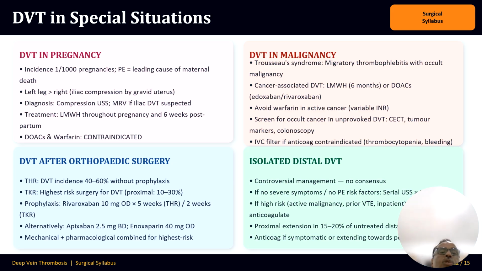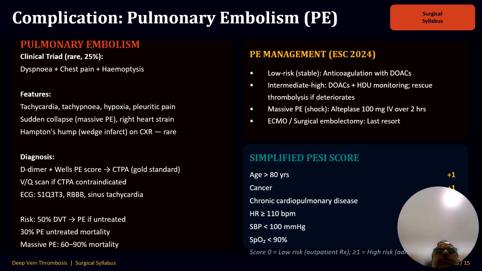Alternatively, apixaban 2.5 milligram BD can also be given. Mechanical and pharmacological combined can be given for highest risk. So in a nutshell, for orthopedic surgery, we use generally DOACs. For pregnancy, we mostly use LMWH, and DOACs are contraindicated. And in malignancy, you can use LMWH for 6 months or DOACs also.